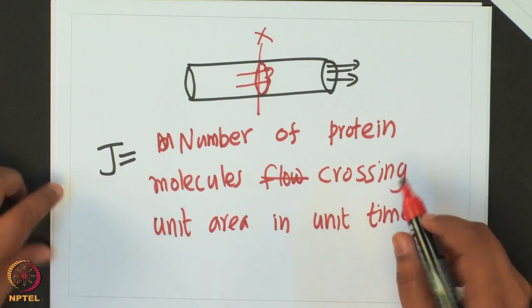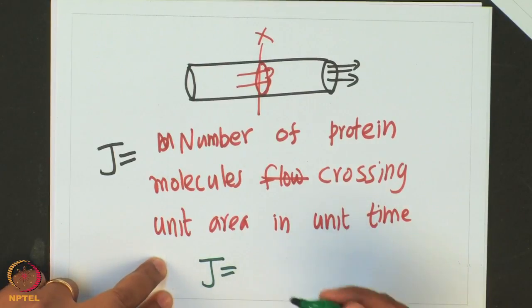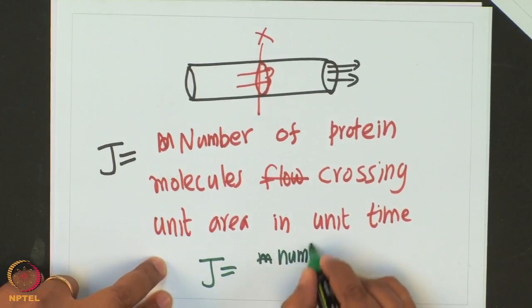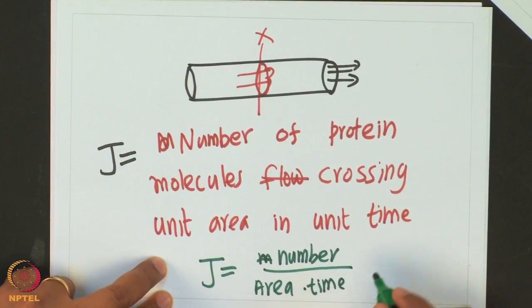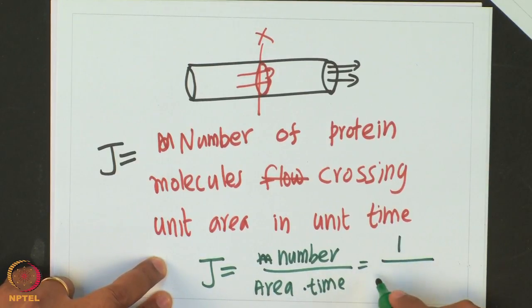So J will have a unit. Let us think about what the unit of J is. J will have the unit number of particles, which is a dimensionless quantity, divided by area, divided by time. So this will have a dimension of 1 divided by area, which is L squared, and time, which is t: 1 over L squared t.